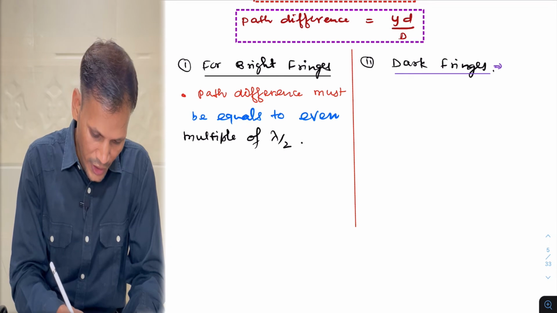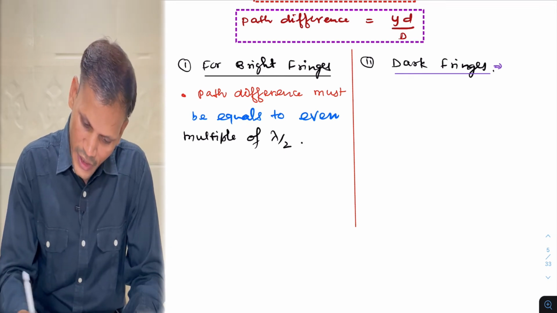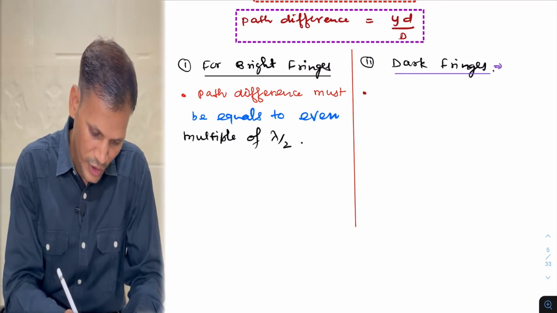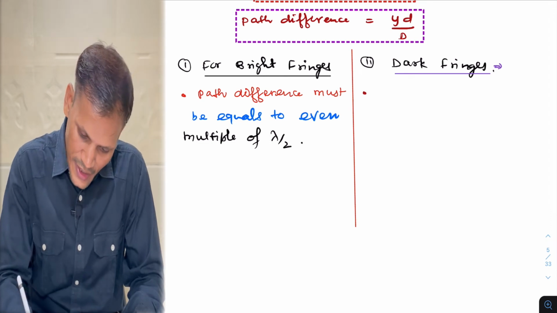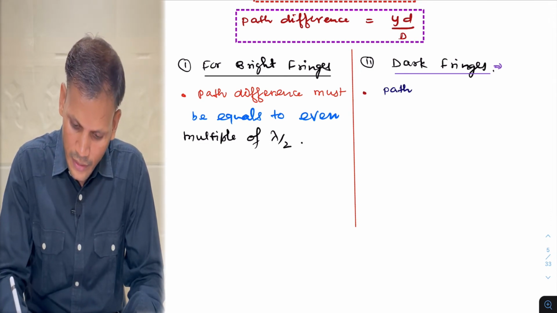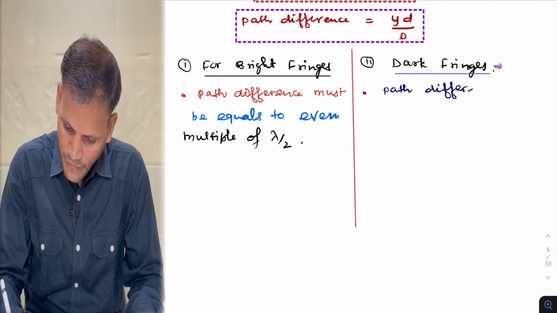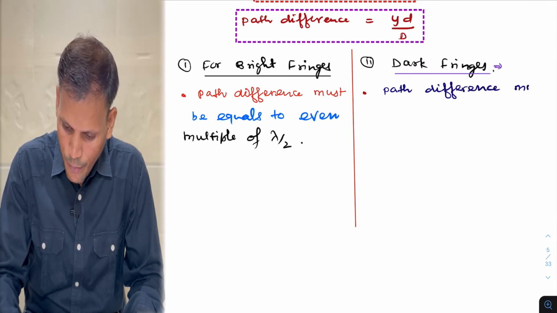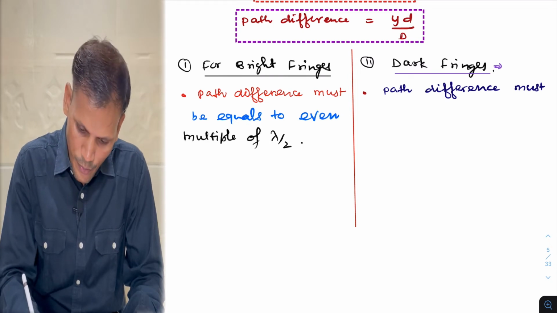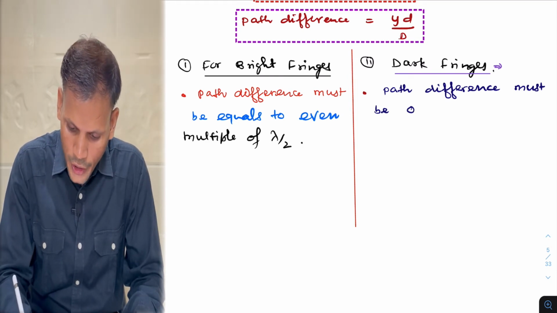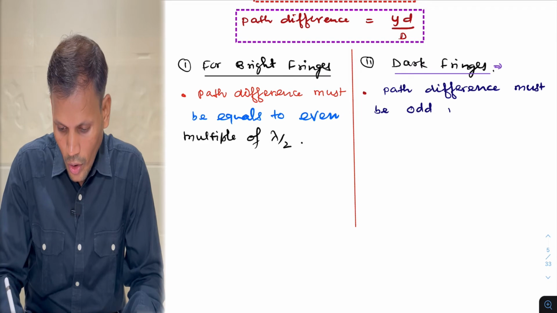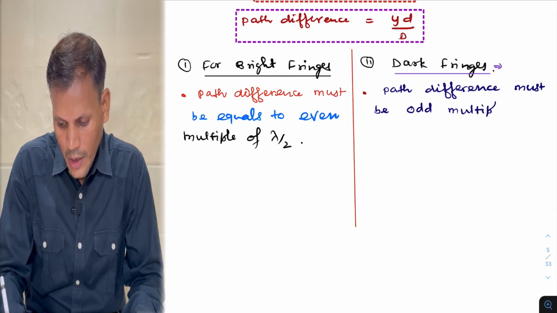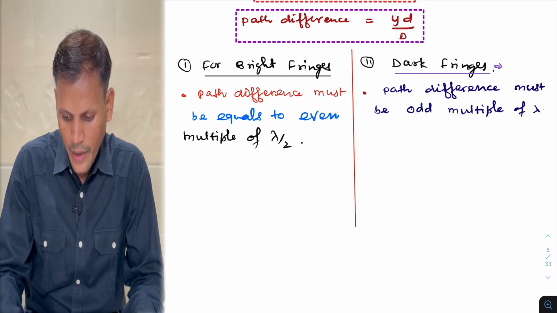And for dark fringes, we can say path difference must be an odd multiple of lambda by 2.